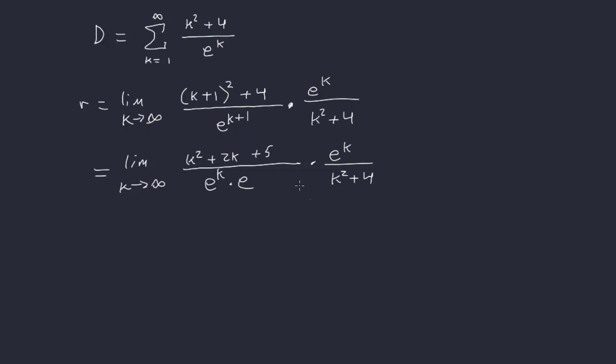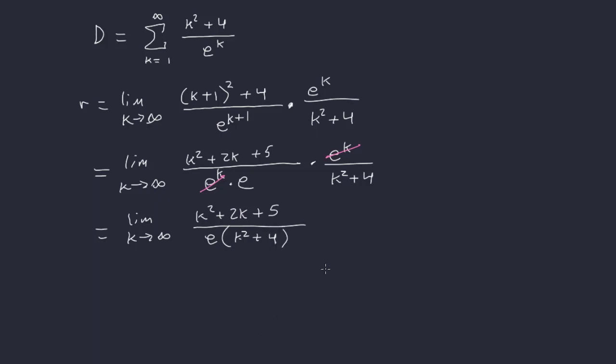Now, the e to the k's cancel. Nothing else does, though. Okay, don't get cancel happy here. These k squareds don't cancel. Okay, in fact, what we have is this. It's the limit as k goes to infinity of k squared plus 2k plus 5 all over e times k squared plus 4.